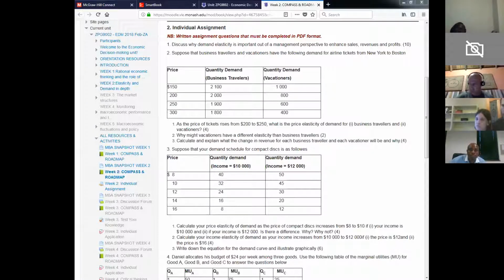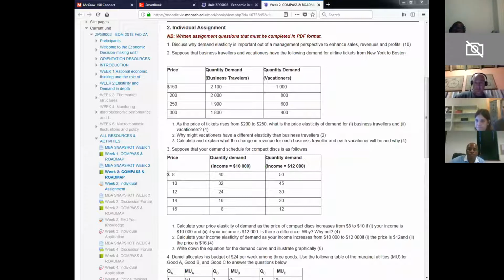Fine. So everybody with me, if the price is 200, how many business travelers will they sell tickets to? 2,000, am I right? According to the table, the quantity demand for business travelers will be 2,000.